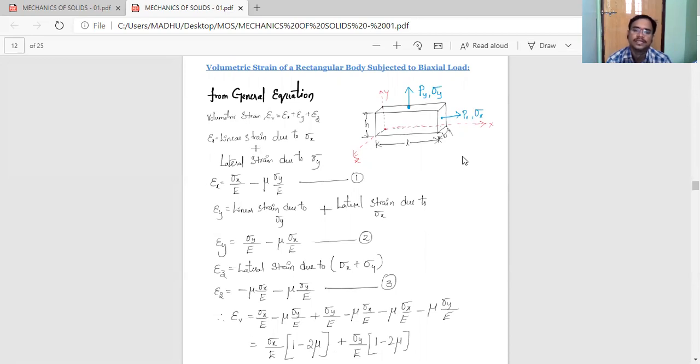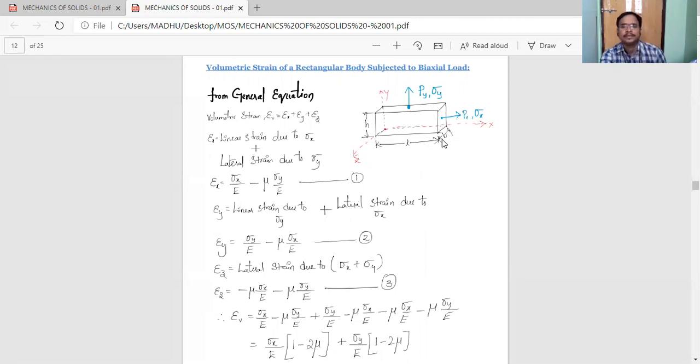So h will increase, l and b will decrease. Because of Px, l increases, and b and h decrease.